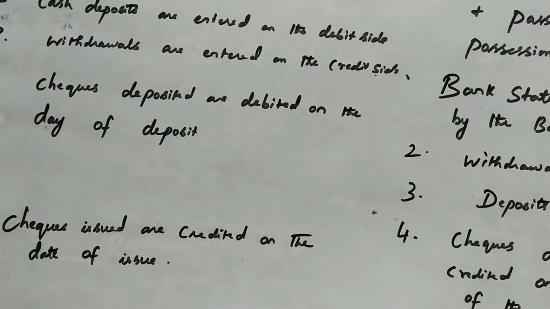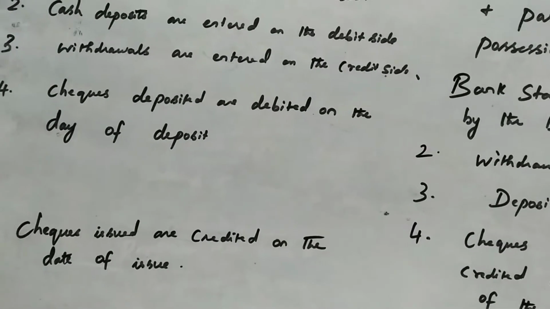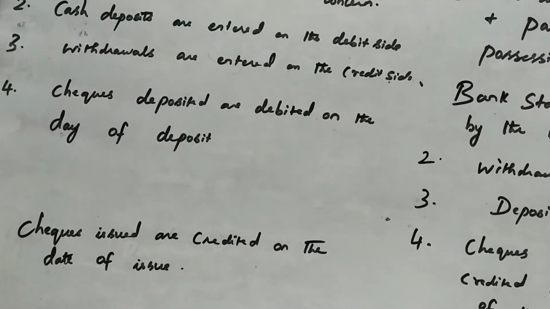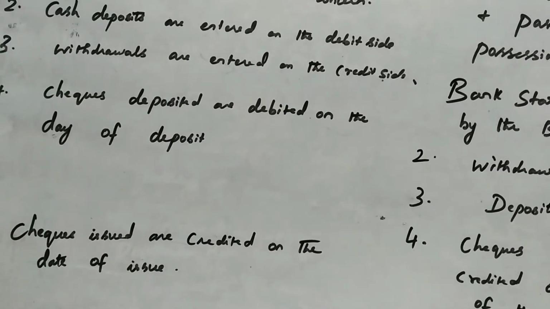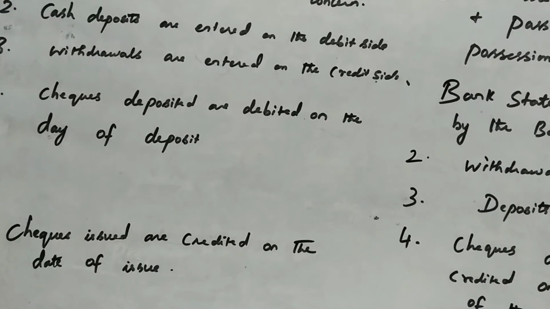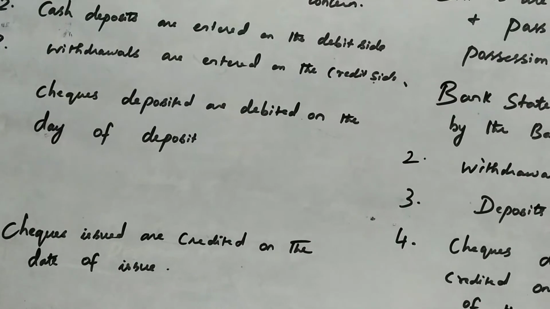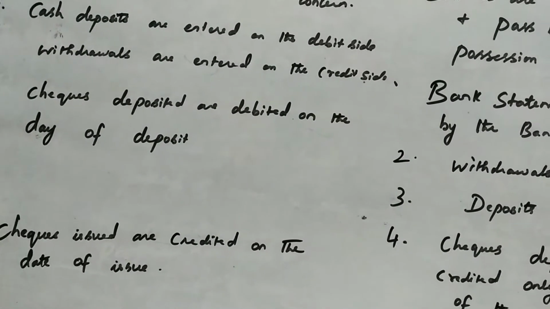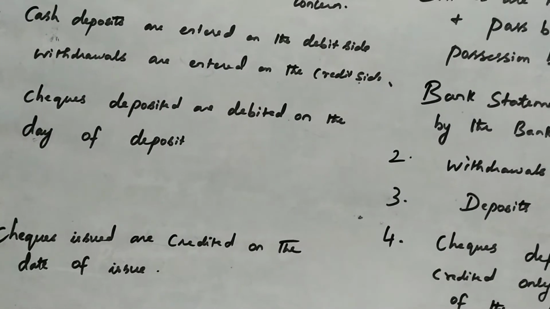Right? So let us take this example. Check issued to Mr. Ram on 1st of February. So Mr. Ram is my supplier. I am issuing a check on 1st of February. So in my cash book, I will write by Ram on the credit side of my cash book. 1st of February by Ram, and I will put the amount in the bank column of the cash book.